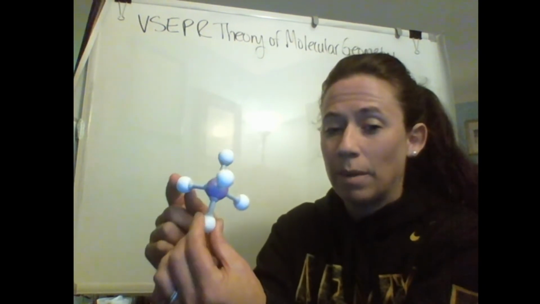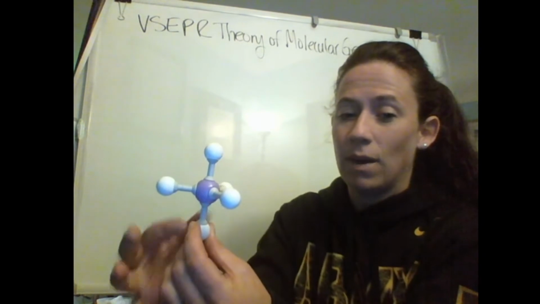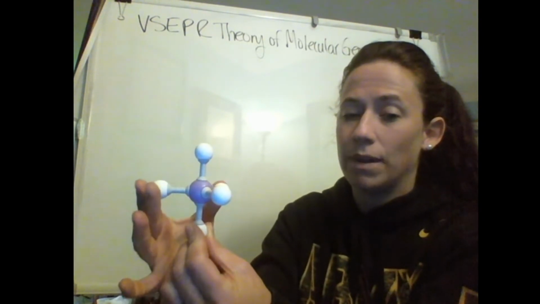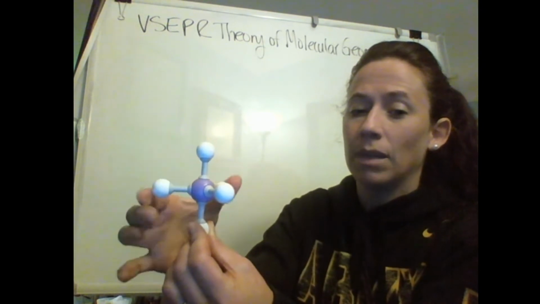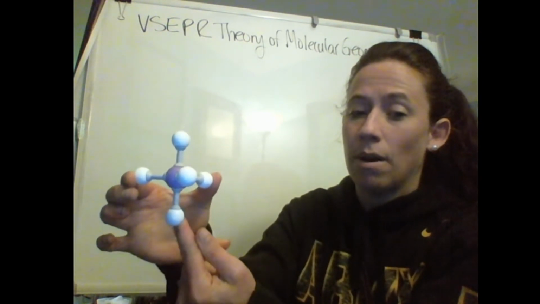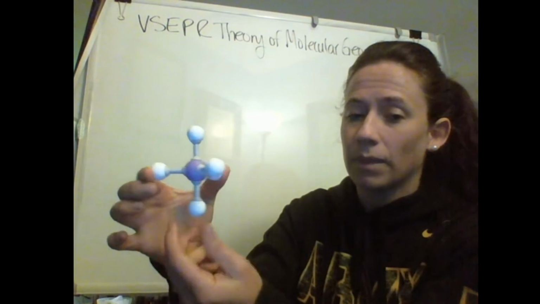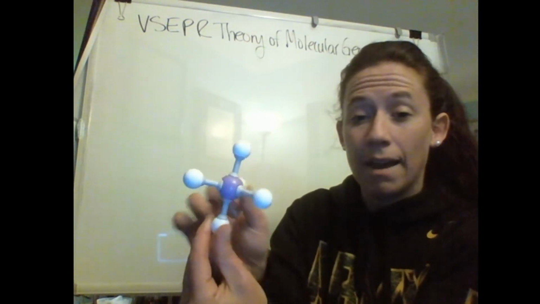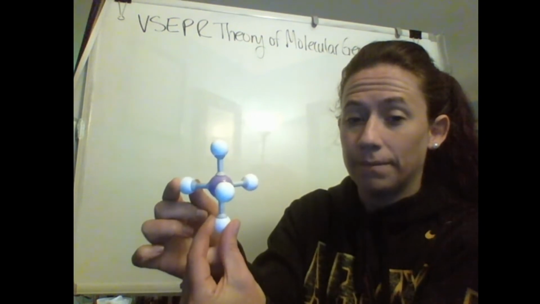And the word trigonal bipyramidal comes from this little pyramid you have on the bottom and this little pyramid on the top, between your 3 equatorials and your top axial, and your 3 equatorials and your bottom axial. So this is your standard trigonal bipyramidal 5 bonded domain molecule.